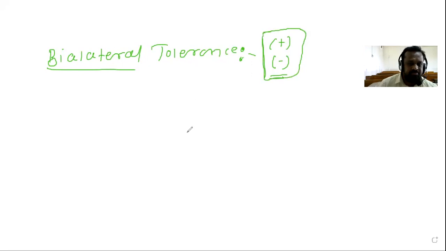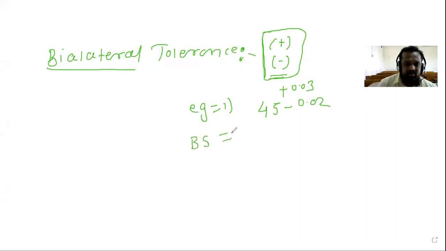For example, suppose 45 plus 0.03 and minus 0.02. Then tell me the basic size. What is the basic size? 45.